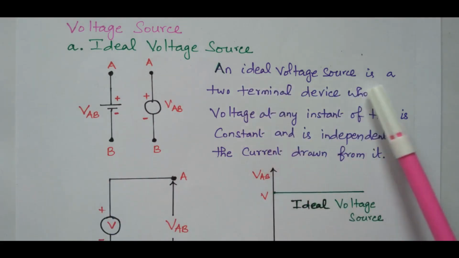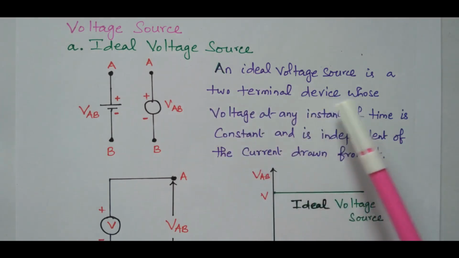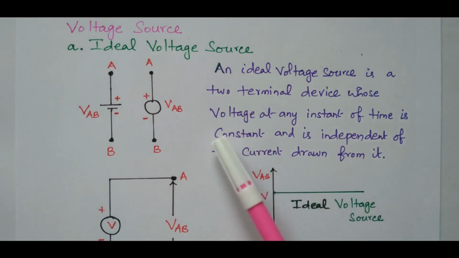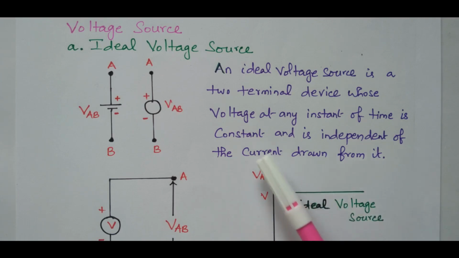An ideal voltage source is a two-terminal device whose voltage at any instant of time is constant and is independent of the current drawn from it. So the voltage is always constant. It will not vary with the current drawn from it. Whether the current drawn is more or less, the voltage will be constant in the case of an ideal voltage source.